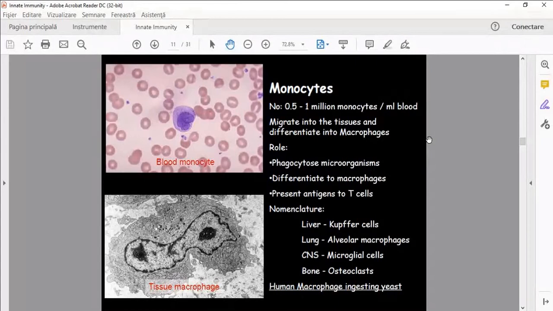On phagocytic cells most of them are expressed, and there are 18 receptors described till now, but not all of them are well characterized.